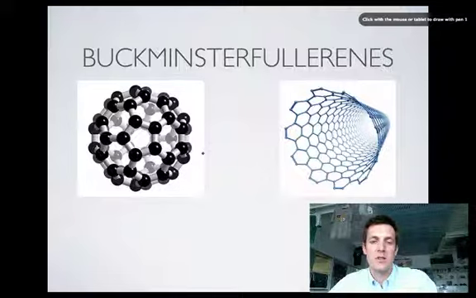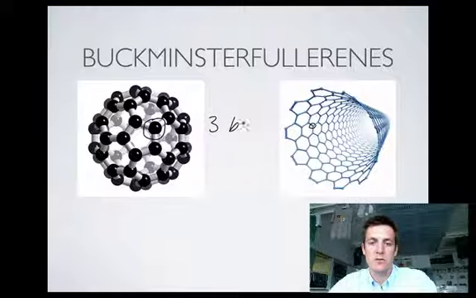Okay, but what you can see common in these two structures is that once again you've got typical atoms that have only formed 3 bonds. Now if they've only formed 3 bonds, you would expect spare electrons. Okay? Now a ball isn't going to conduct electricity very well because it doesn't make a very long wire. But if you can make a tube out of millions of carbon atoms, it's going to be practically invisible, but you'll be able to conduct electricity down it.